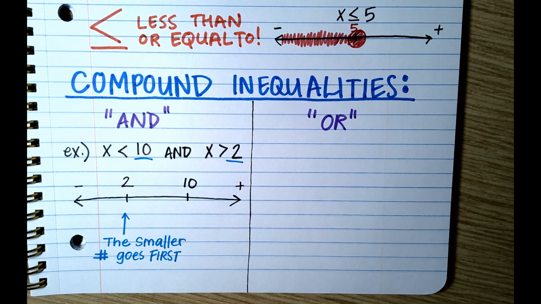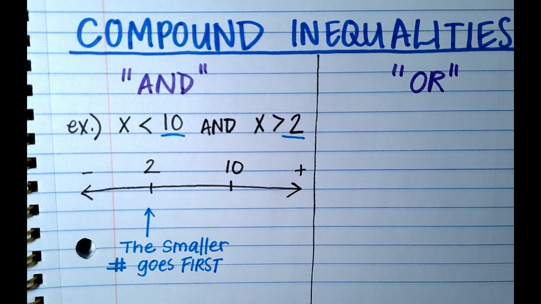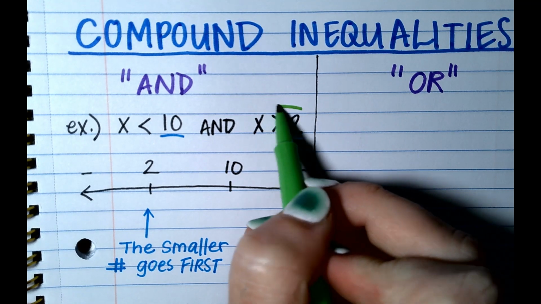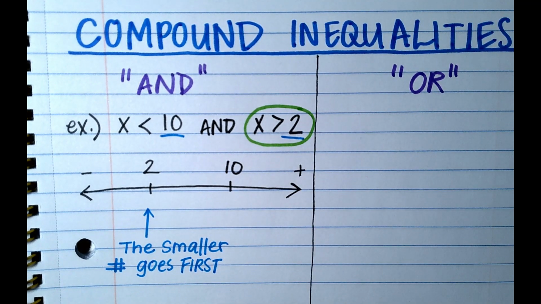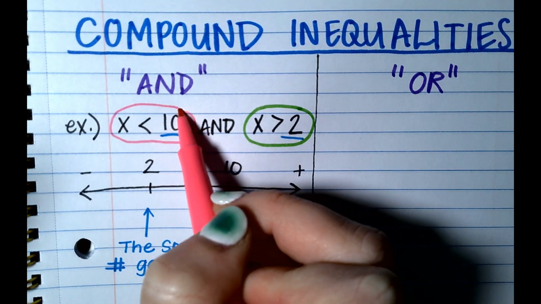So now, the only part that can be a little bit tricky about a compound inequality is making sure that we're shading in the right direction. So here's what I'm going to do. I'm going to use some colors to help me differentiate here. I'm going to use green for x is greater than 2, and I'll use pink for x is less than 10.